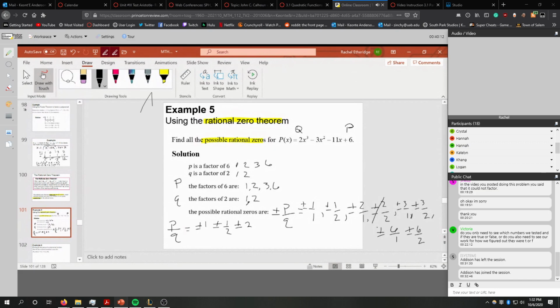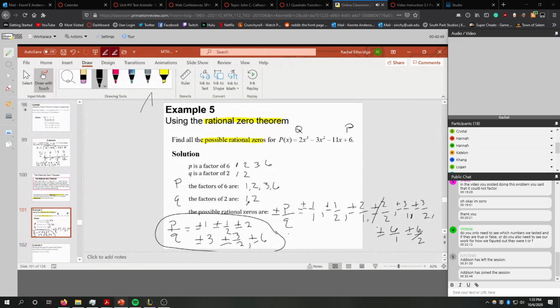Plus or minus 3, plus or minus 3 over 2. Plus or minus 6, plus or minus 6 over 2, which is 3. Well, that's a repeat. I already have that, so I don't need that again. So these would be all of my possible rational zeros.